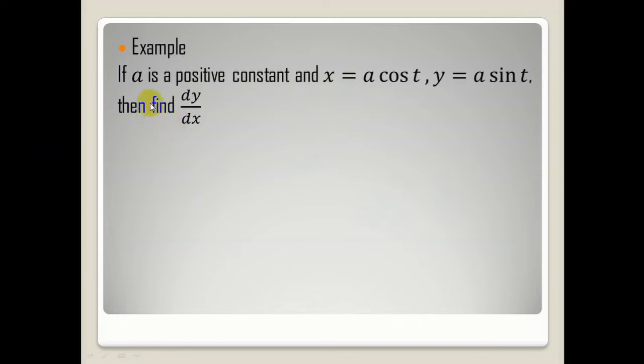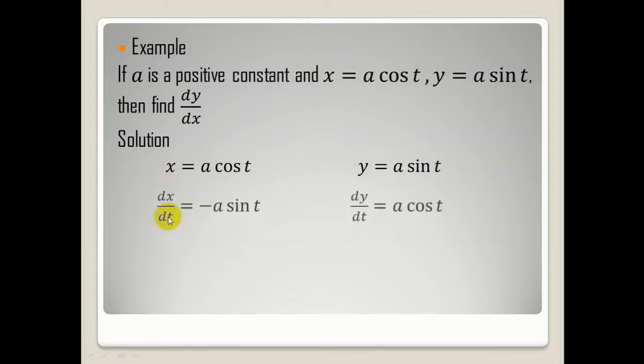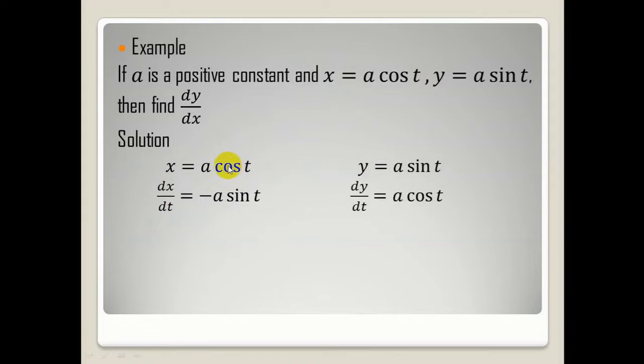If a is a positive constant, x equals a cosine t and y equals a sine t, find dy over dx. So the solution, you should differentiate x with respect to t. So x equals a cosine t and y equals a sine t. So dx over dt: the derivative of cos is minus sin, so it's minus a sine t.